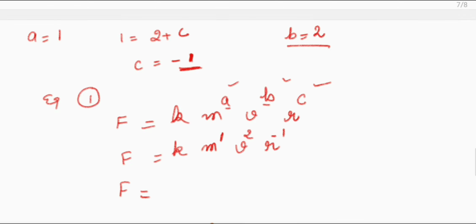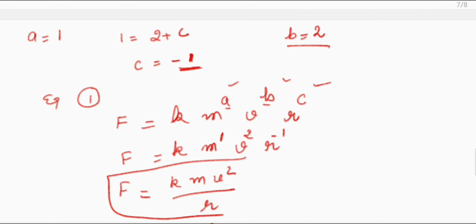So we can write this as F is equal to k m v square divided by r. This is the relationship between the various physical quantities: force, mass, velocity and radius. Like this we can use dimensional analysis to derive a relationship between various physical quantities.